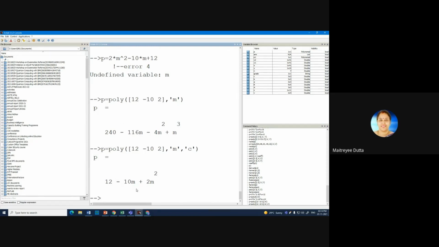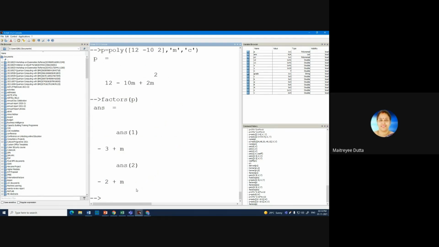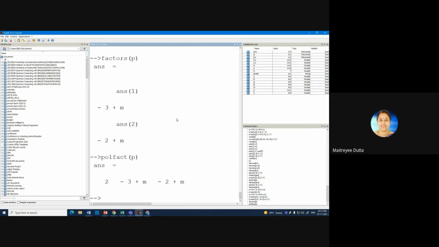Now if I say the factors of this P, you will get two values. You see m minus 3 and m minus 2, only two values, but the multiplying factor you are not getting. But if you give pole fact of P, you will get three values.